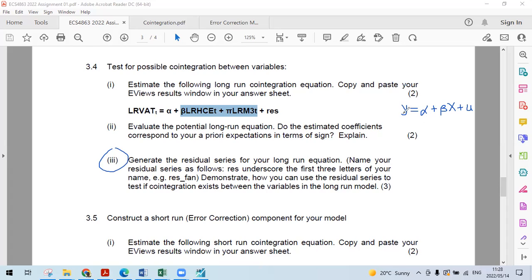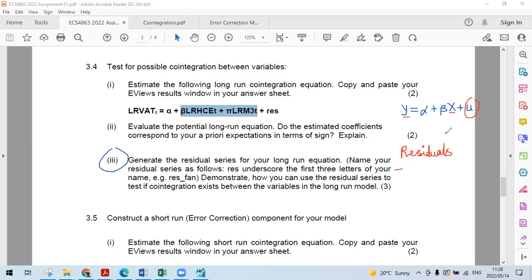So what are we saying here? We want to check if y and x are co-integrated. We want to use a method by Engle and Granger called the residuals method. What is this method all about? These guys are saying, look at the residuals, make a residual series. That's the first thing.